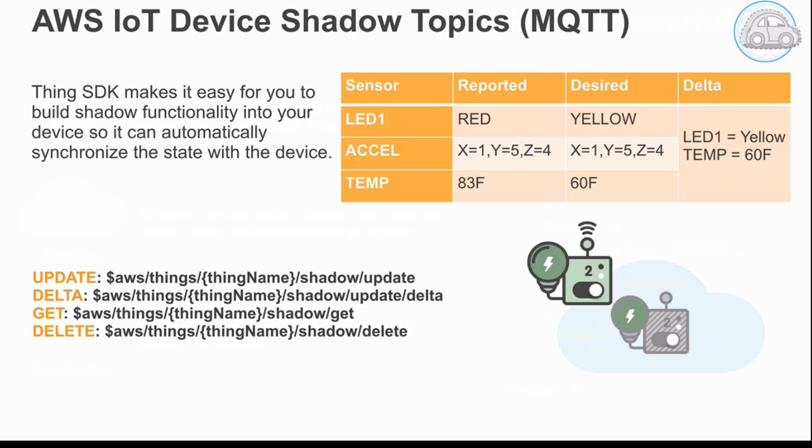You're dealing, as I said before, with calling appropriate methods in the SDK, and when you call those methods, the topics are abstracted. Underneath the covers, the topics are used, but you are dealing with shadow, not with the topics. So it really simplifies the process of building applications that need this asynchronous connectivity, and where you might want a virtual representation of your device to be persisted in the cloud.